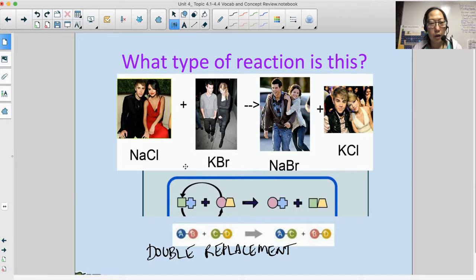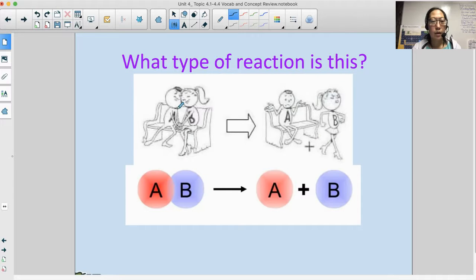Now Na combines with Br, and Cl combines with K. And then we have KCl and we have NaBr. Here we have AB, and AB splits apart into A plus B. This is a decomposition.